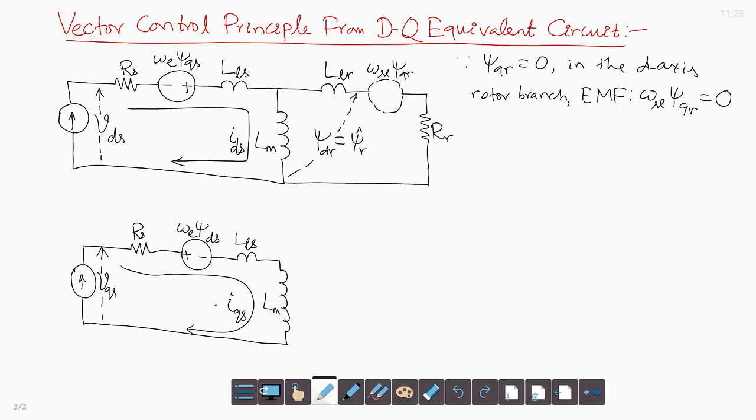And then in the rotor branch we have the leakage inductance LLR, and the rotational EMF that is omega SL into psi dr, and the rotor resistance is RR.